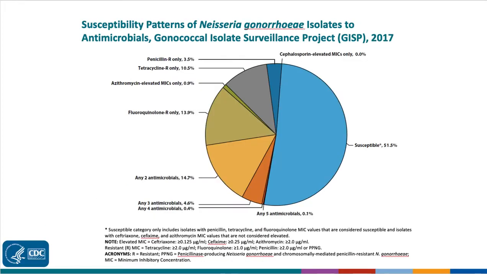And now in 2017, 51% of isolates are susceptible to all antibiotics. So the trend that we're seeing is fewer strains every year are susceptible to all antibiotics that are tested.